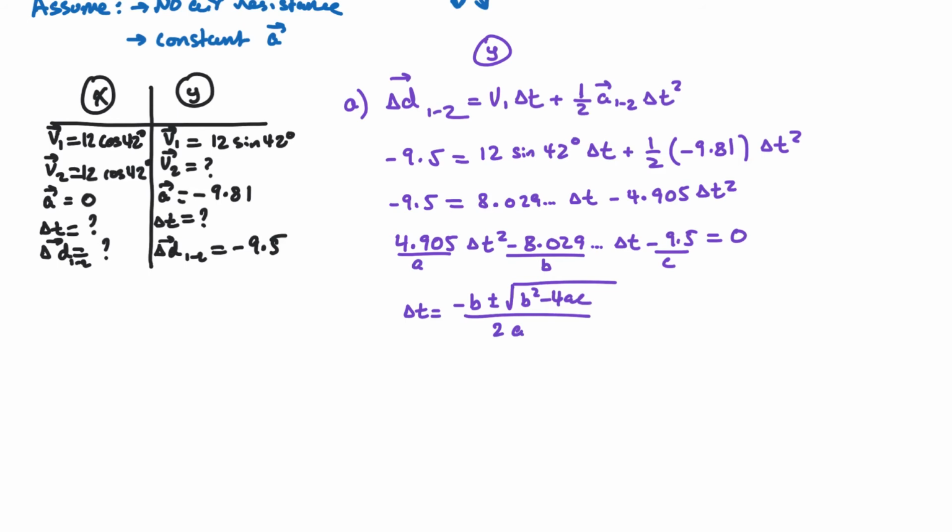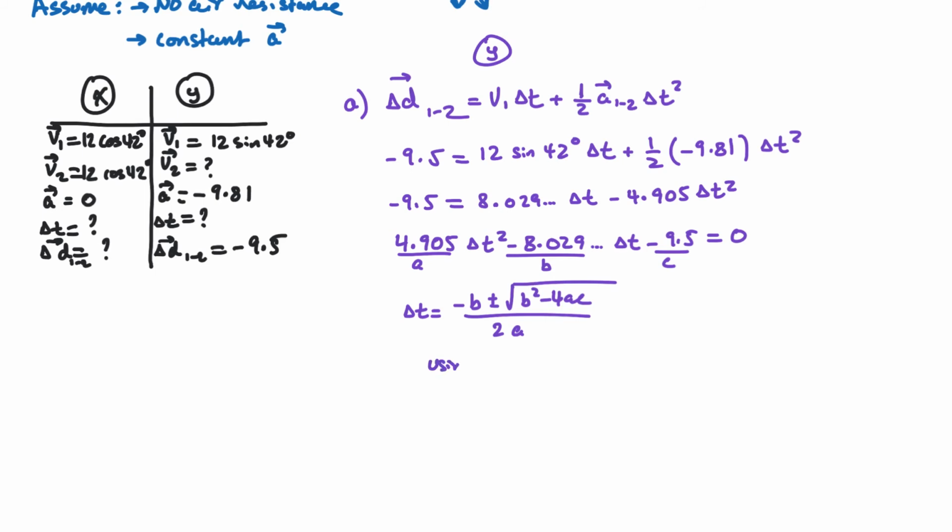You can plug in the numbers now: a will be this, b would be negative 8.029, and c would be negative 9.5. We can either do that or use your calculator to find it, completely up to you. Some calculators will actually take the quadratic equation and give you the roots. That's what I will do, but you can plug it in and you should get the exact same answer.